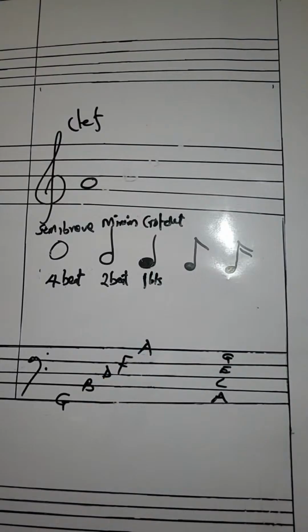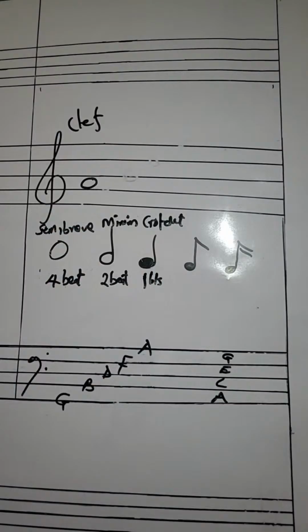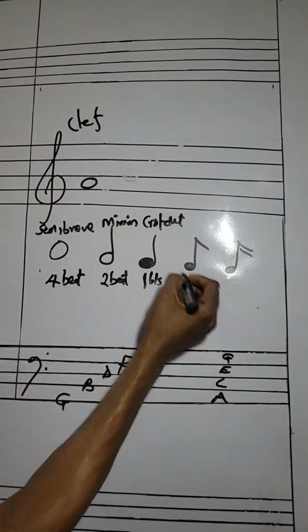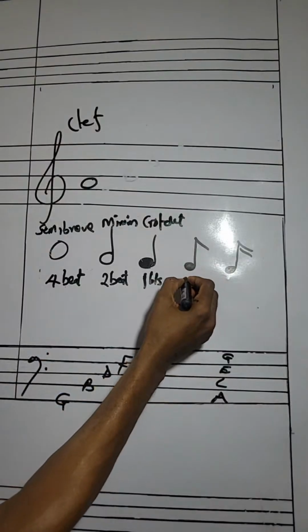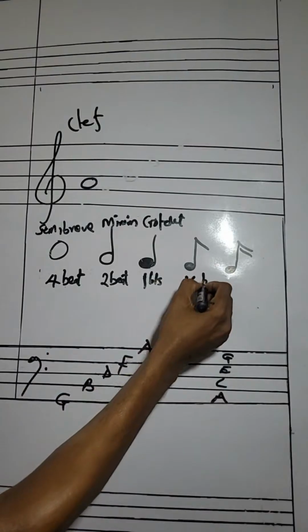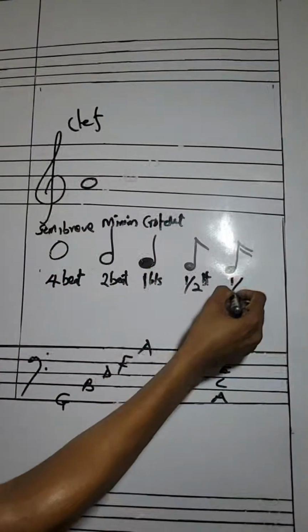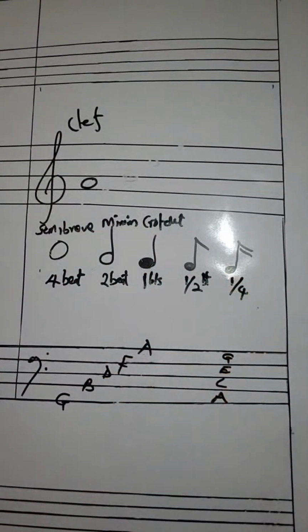So if my crotchet is 1 beat, my quaver equals half a beat. And if my quaver equals half a beat, this equals a quarter beat.